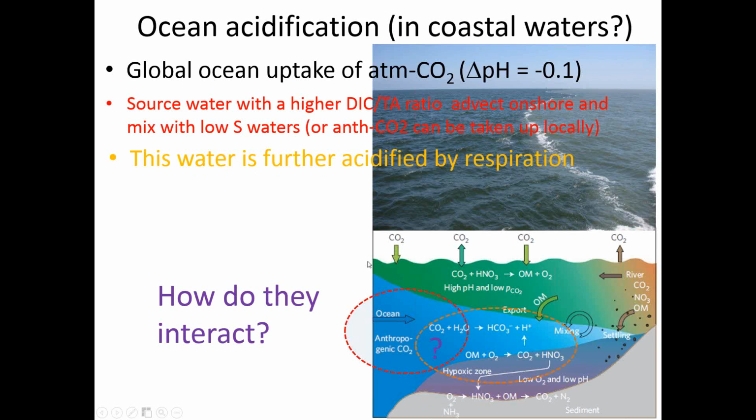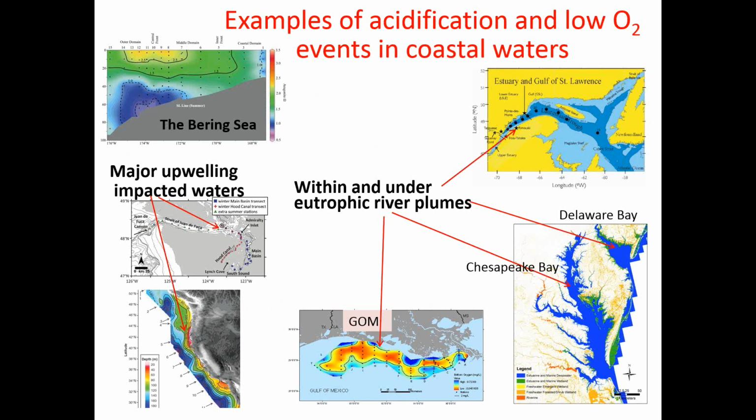We know that both the uptake of anthropogenic CO2 will acidify seawater, and the decomposition of organic matter also brings in CO2 and acidifies seawater or coastal water here. So the question is, how do they interact? That is what we are going to discuss today.